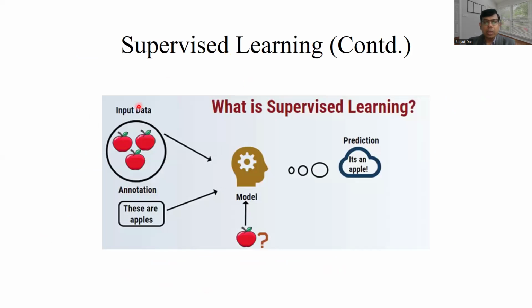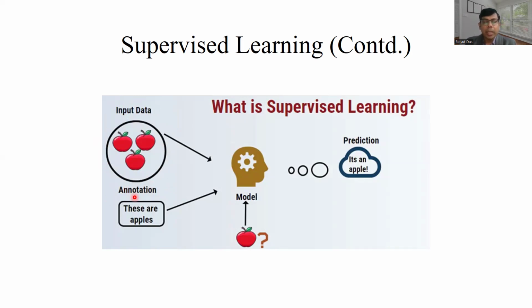So this is the figure of supervised machine learning. This is the input data. Assume that there are many different images of apples as input data to the machine, and these images are annotated or labeled as apple. This data is used for training the model.